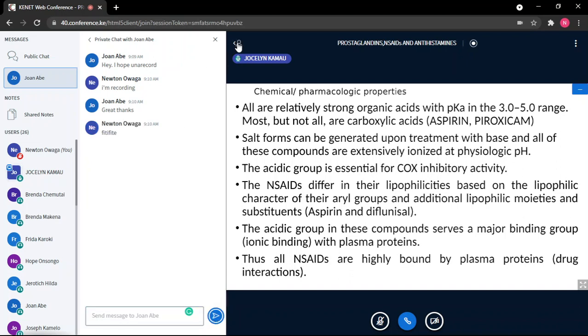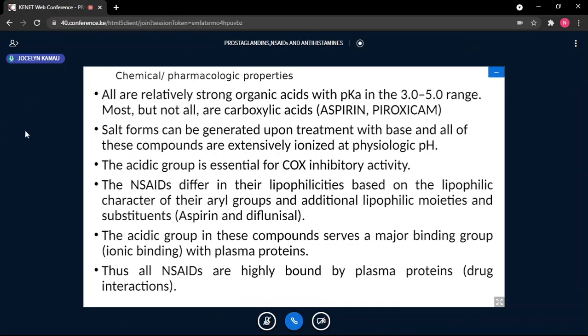Then we did mention that when we look at COX-2 and COX-1, in terms of structure, there's a slight structural difference between these two enzymes. And the main difference is that in COX-2, we have valine, and in COX-1, you have isoleucine. Isoleucine is a little bit bulkier, and I did show you the structure. Because it's bulkier, it covers most of the area, unlike the valine, which gives you a pocket.